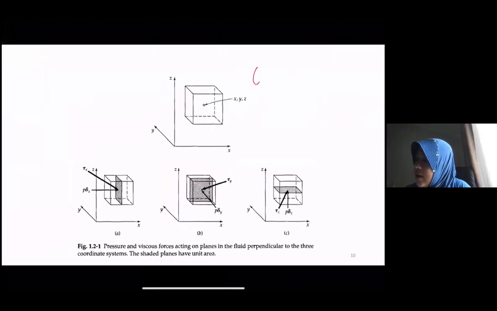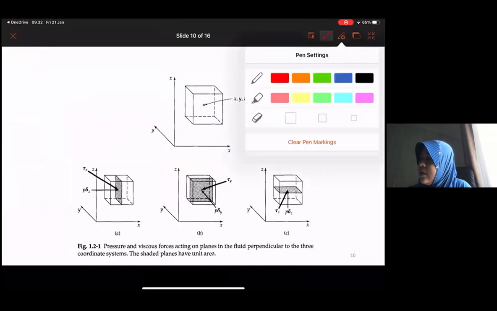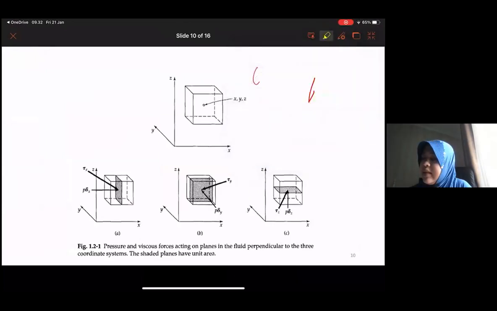Okay, now let's have a look at this one. So this is a point x, y, z, in the coordinates x, y, and z.